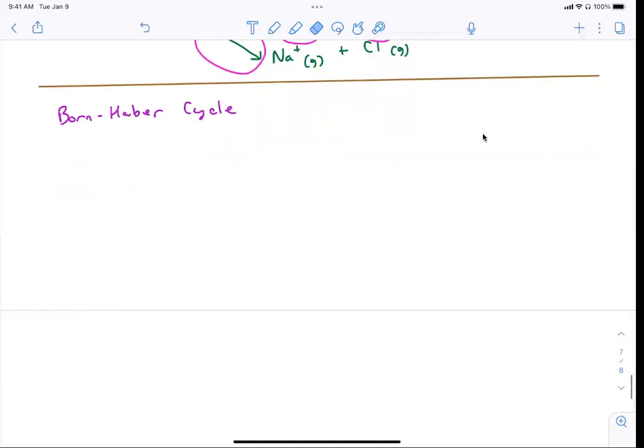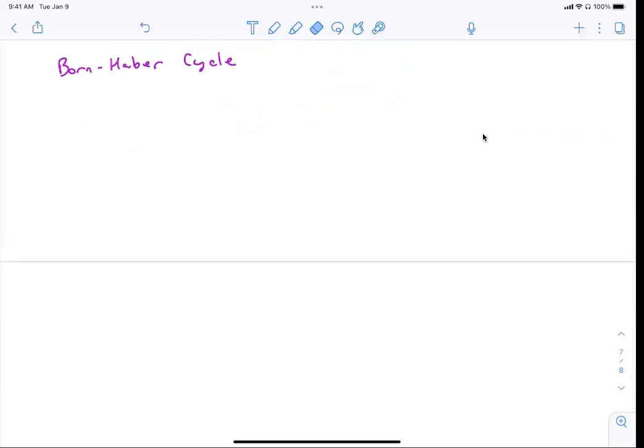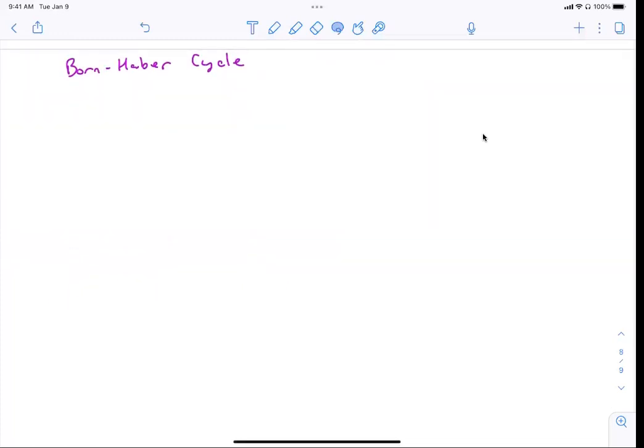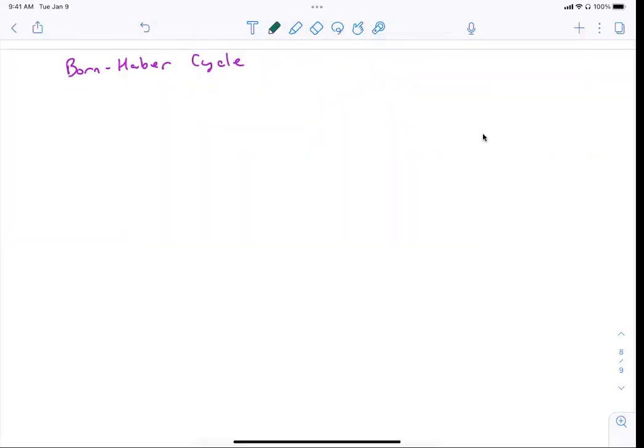Okay. Born-Haber cycle. Here's what the Born-Haber cycle boils down to. And I'm going to switch to the next page so y'all can see. Here's all the Born-Haber cycle is, the two main reactions, and then you could figure out the rest of them. So the Born-Haber cycle is the dependency of two reactions here.